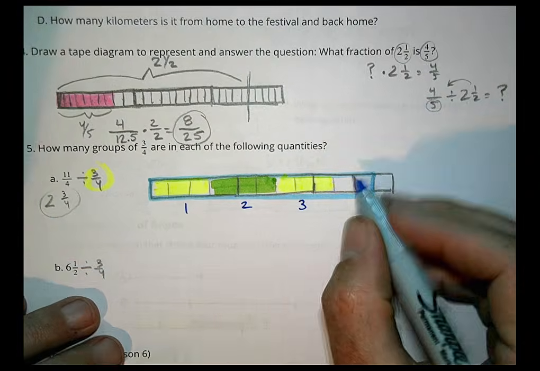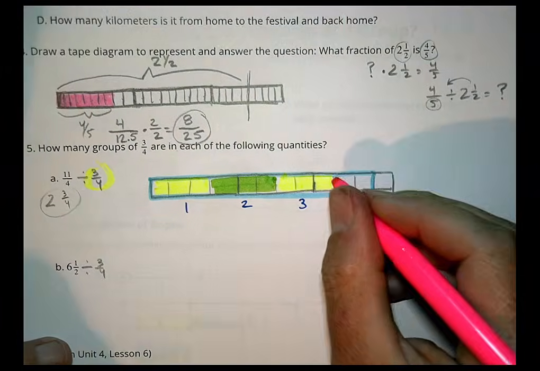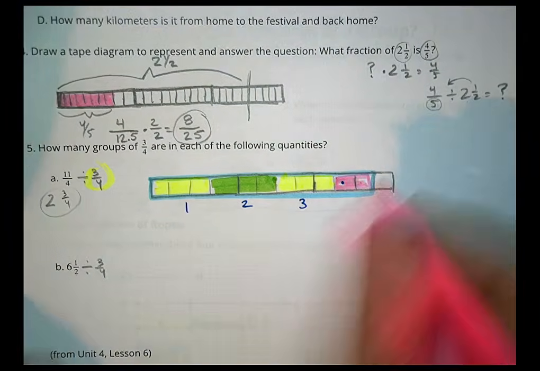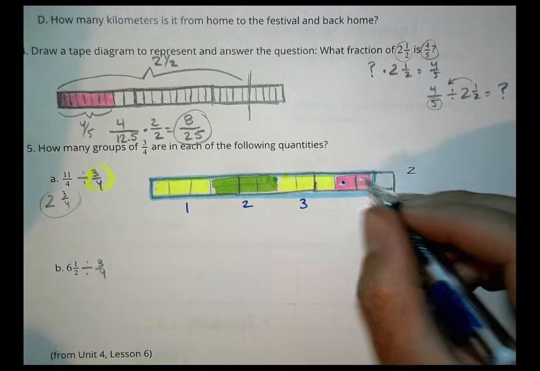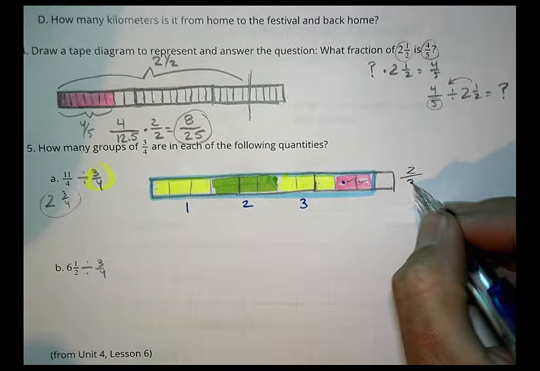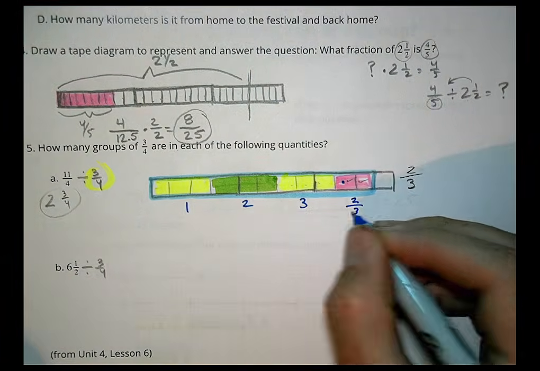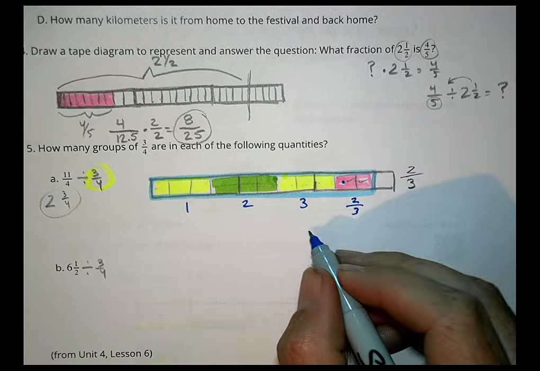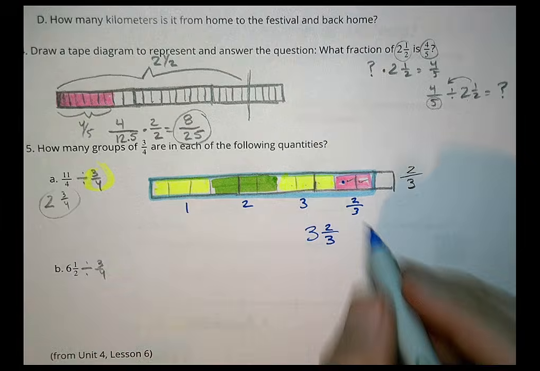And over here I have my leftover. In my leftover category, what do I notice? I have 2 leftover, 1, 2, out of how many needed in each group? 1, 2, 3. So we have 2/3 right here. We end up with 3 2/3. Here's our solution for that one.